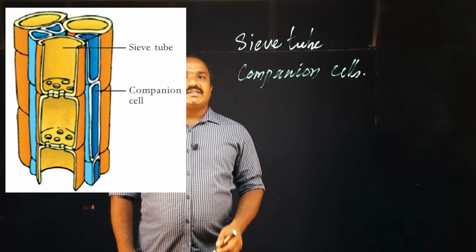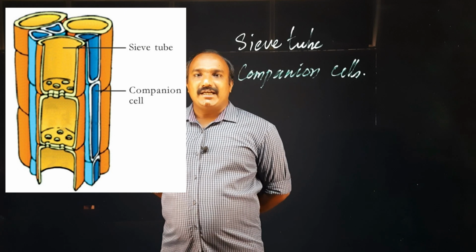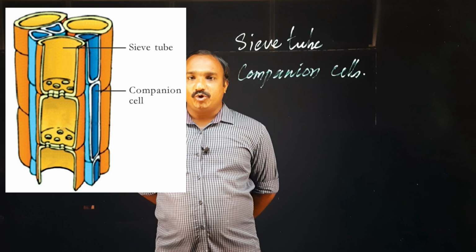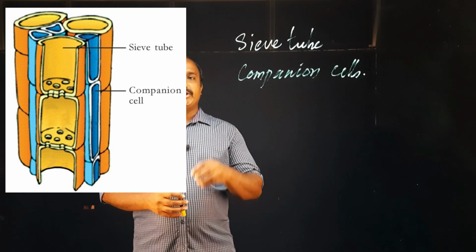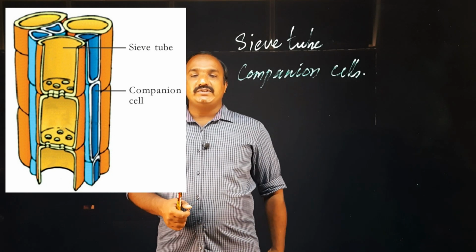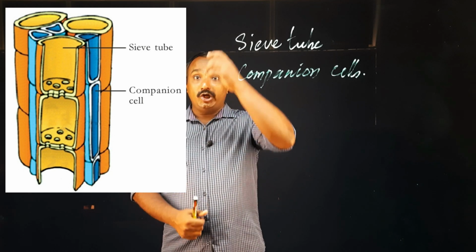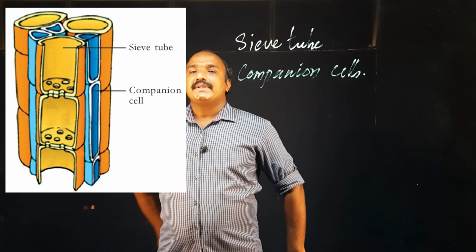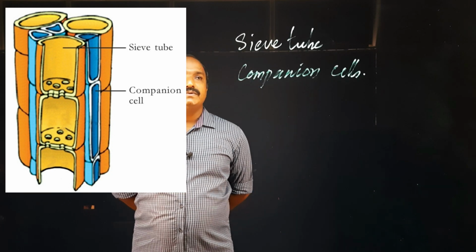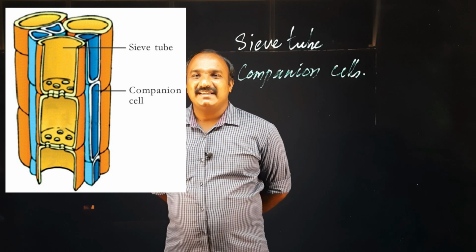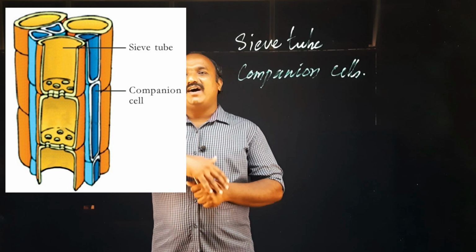So normally it is transported through the sieve tube. It is also the same as the vessels. I told you, one is arranged on the top of the other, and it is just like a long pipe. But in the case of sieve tube, there will be a cell wall.